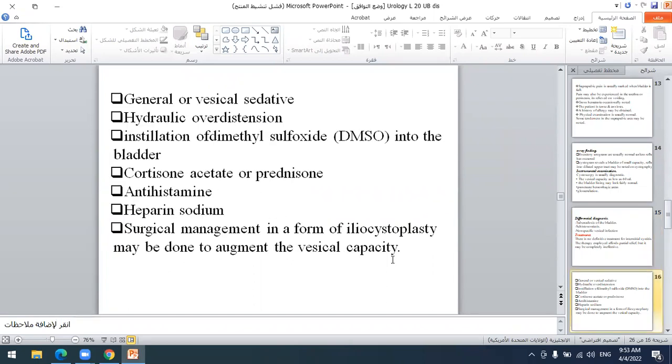General or vesical sedatives. Hydraulic overdistension. Instillation of dimethyl sulfoxide, DMSO, into the bladder.